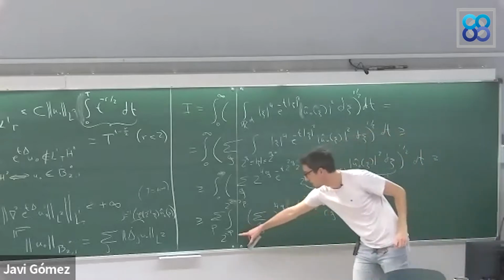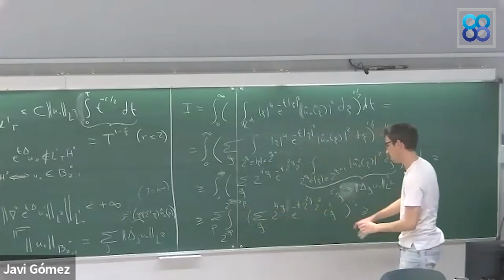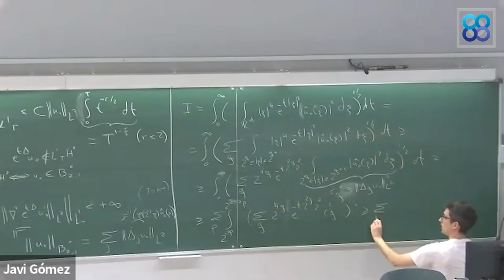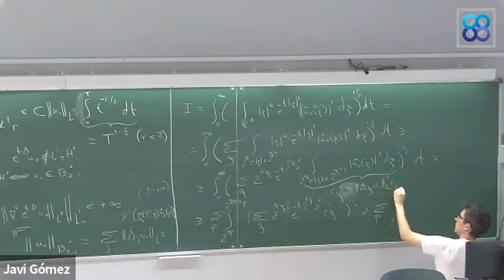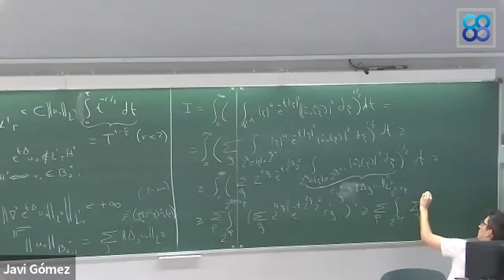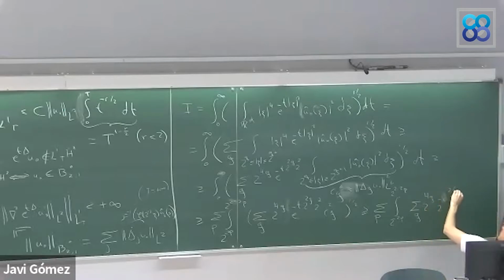And again, because we are in this annulus, I can bound this from above. Okay, just some constant here. Q minus P coming from this part here. CQ square.